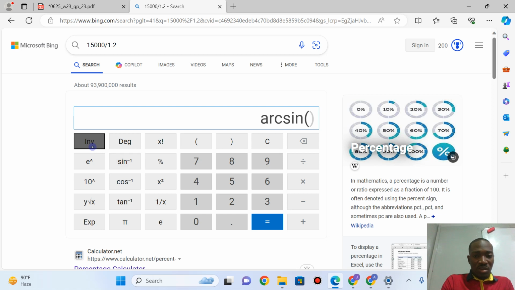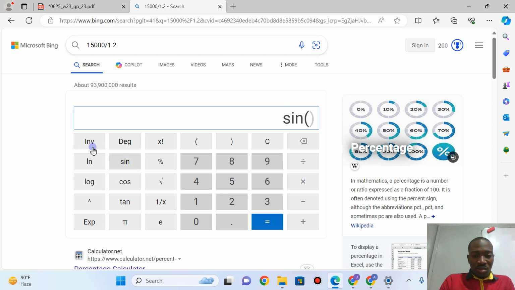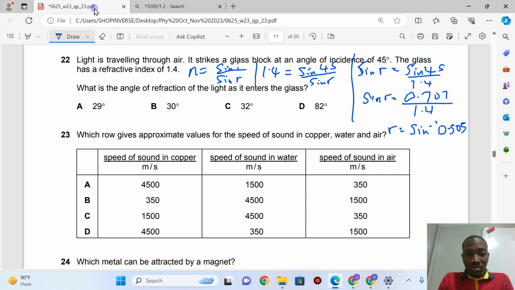Inverse of sine 0.5 gives me 30. Good. So inverse of sine 0.505 should give me the correct answer: 30.33 degrees. Written to two significant figures, that will be 30 degrees. That's my angle of refraction, which makes option B the correct answer to question number 22.